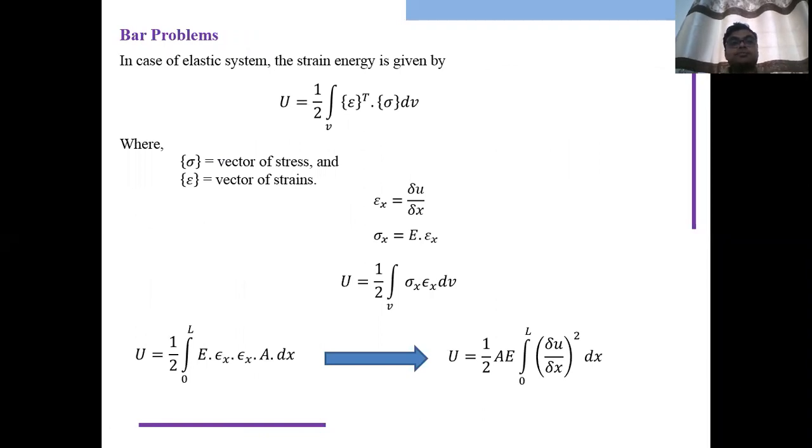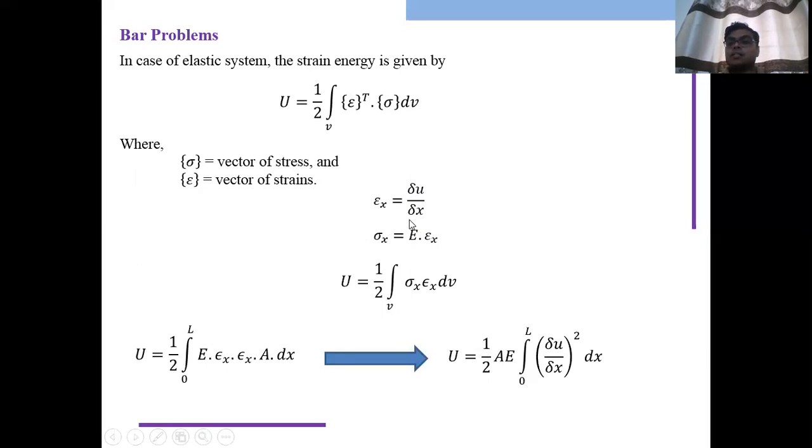In the case of a bar element, meaning a 1D problem having 2 nodes or 3 nodes, the nodes will be different, but it is a single element, one dimensional only. As we know, the rate of change of displacement indicates the strain according to elastic theory, so del U by del X is the strain, and stress is E into strain according to Hooke's law: stress is directly proportional to strain.